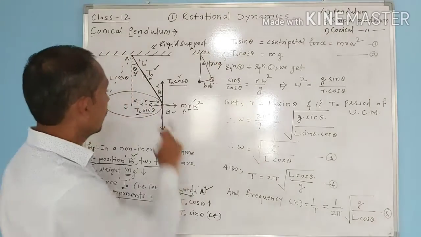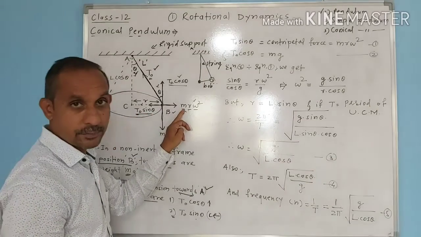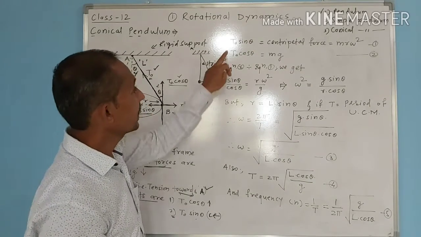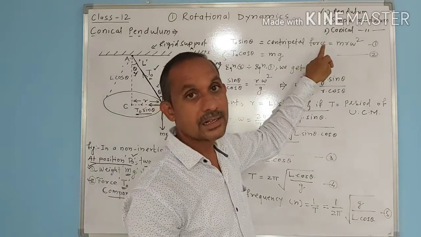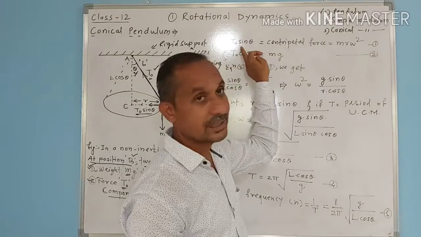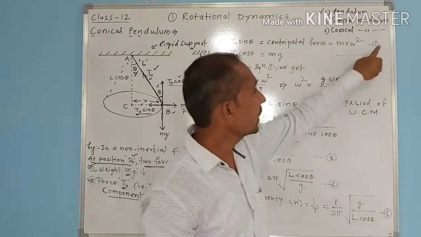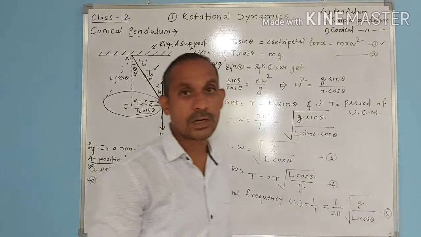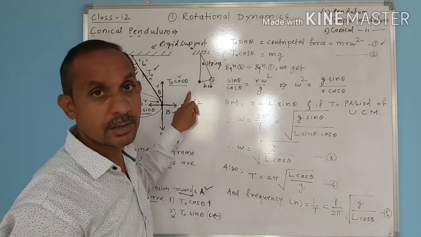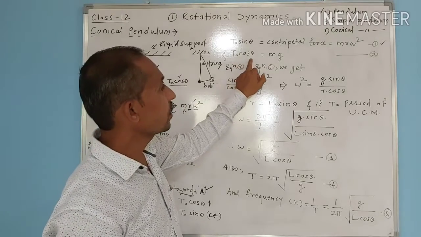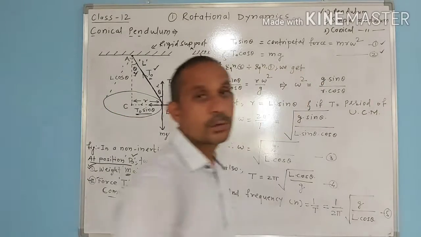Along the horizontal direction, T0 sin theta balances the centrifugal force m r omega square. So T0 sin theta, it is nothing but the centripetal force, and this centripetal force balances the centrifugal force m r omega square. Write this as equation number 1. Now along the vertical direction, the component T0 cos theta balances the weight, means T0 cos theta is equal to mg. This is equation number 2.